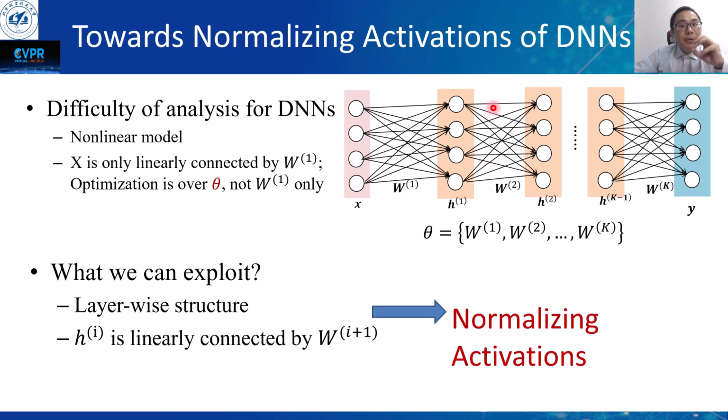However, the input X is only linearly connected by W1, but the optimization is over all the parameters theta, not W1 only. Despite the nonlinearity, we can exploit the layer-wise structure of deep neural networks. We can find that Hi is linearly connected by Wi plus 1. This means normalizing activations can benefit the optimization intuitively, based on the theoretical results for linear models.